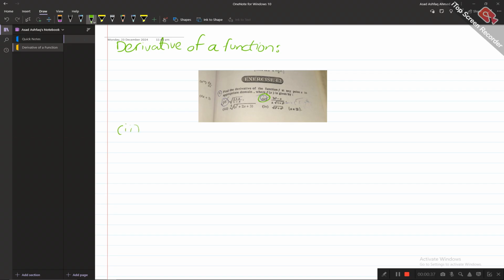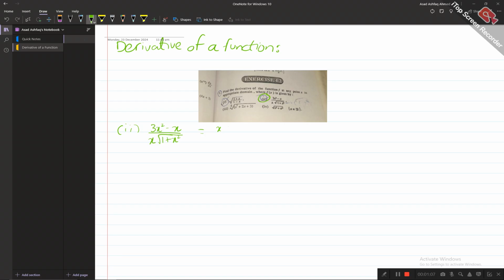Part number 2 is (3x square minus x) divided by x square root of 1 plus x square. First of all, you have to understand that there are x square and x, so we can take x as common.